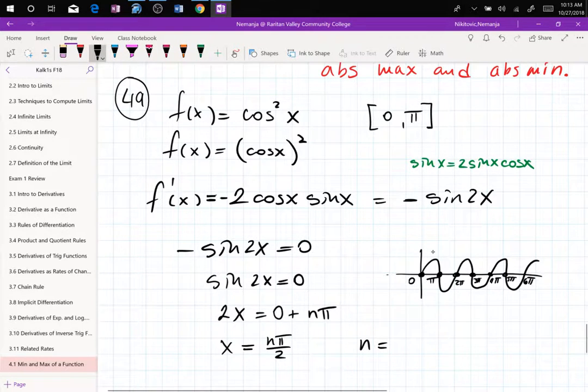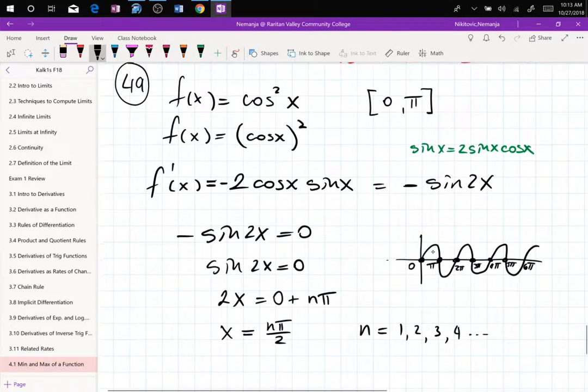N being 1, 2, 3, 4, going on forever. It's just counting. Does this make sense? Well, hell yes.